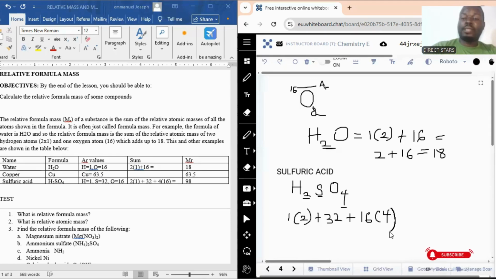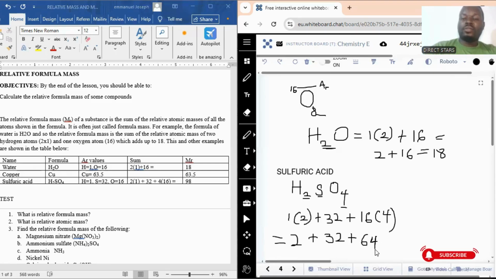So we put bracket 4, and then we resolve this mathematically. 1 times 2 is 2, plus 32, and then plus 16 times 4. 16 times 4 is 64.